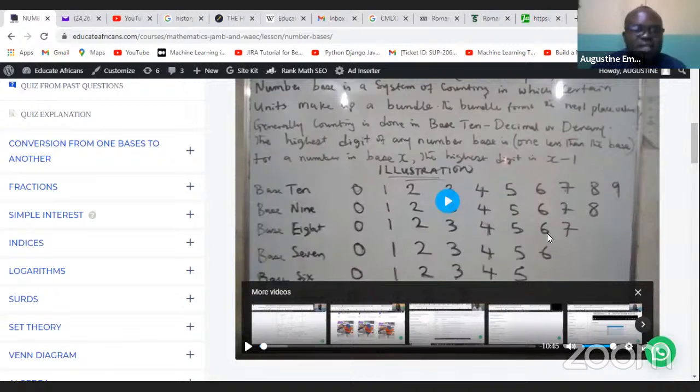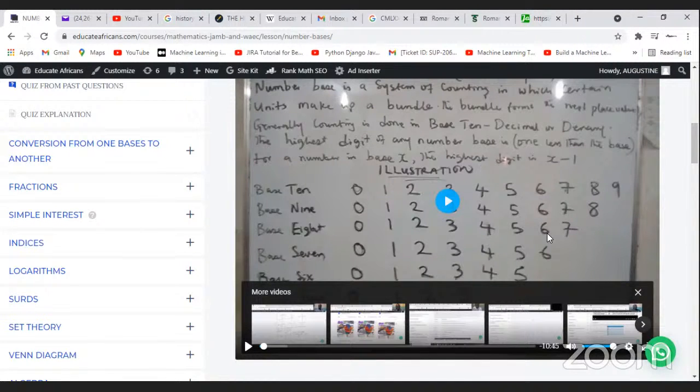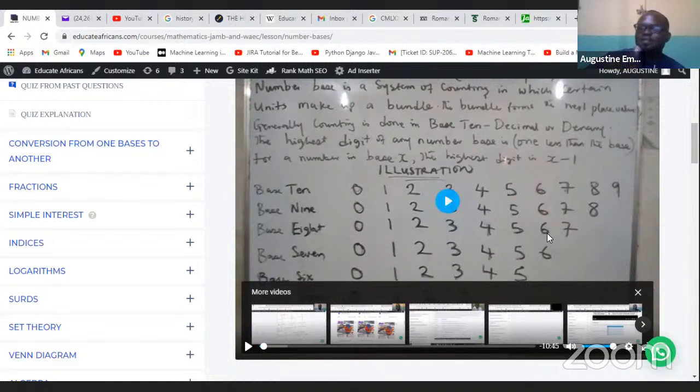So let's say now the number 265. Can you tell me the base numbers where you can have this number 265? What are the possible bases that can have such number combination? Apart from base 10, definitely, you have a number like 265 in base 10.